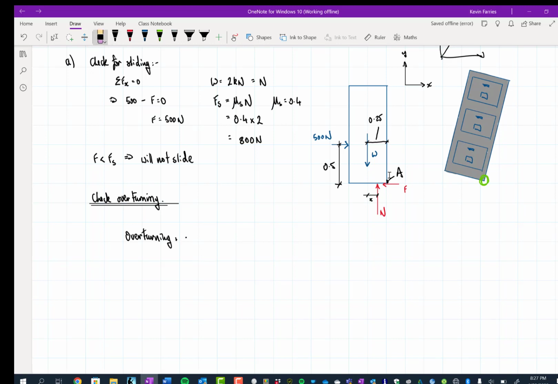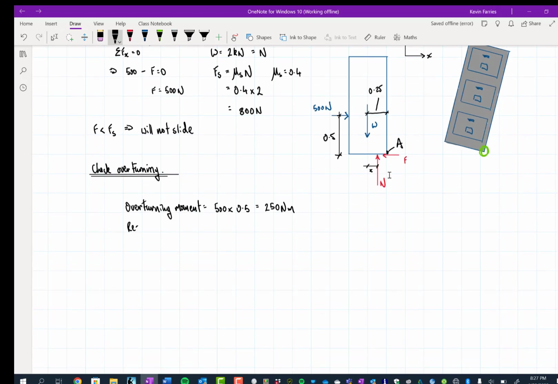Usually when we talk about overturning moment, we just write down the magnitude. We don't really worry about direction. The fact that you're calling it the overturning moment tells you the direction. So overturning moment is equal to 500 times 0.5, which is equal to 250 newton meters.